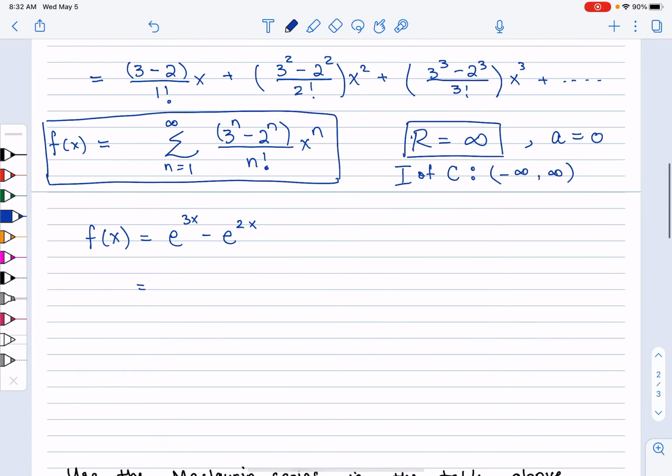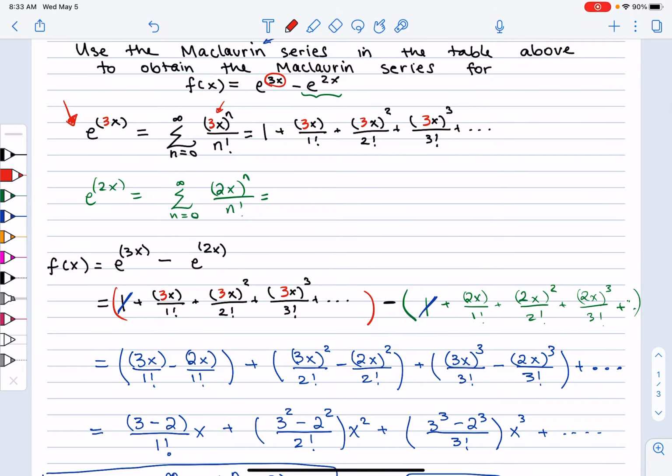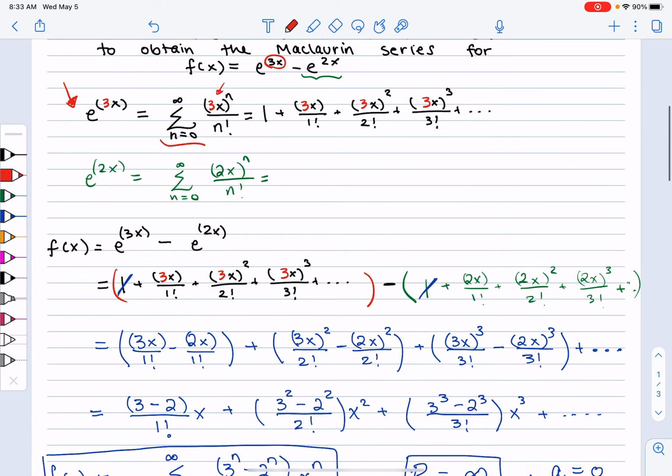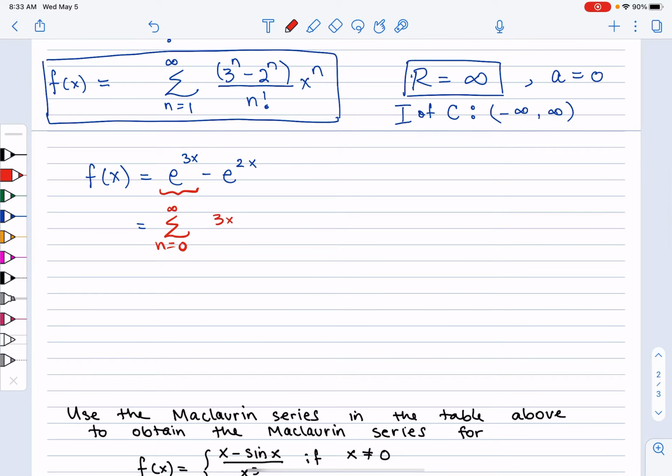And remember that e to the 3x, we can write down as sigma as n goes from 0 to infinity of 3x to the nth power over n factorial.